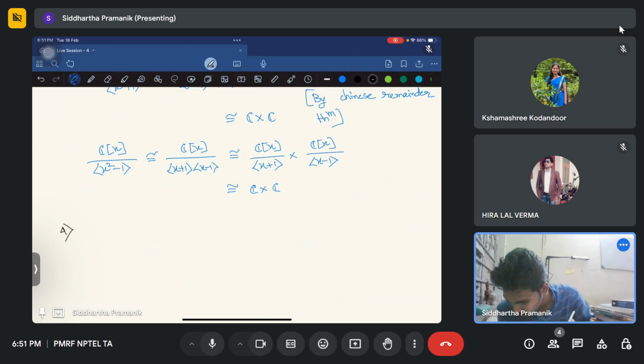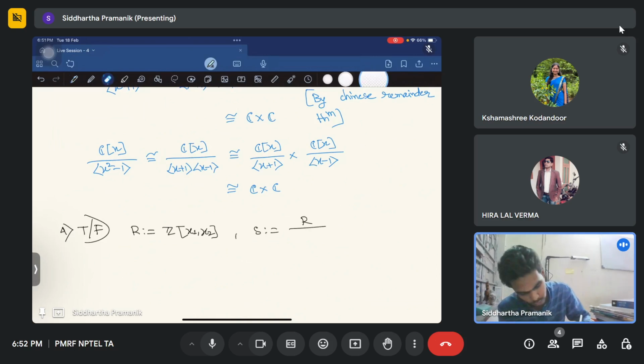Let R and S be rings, ring homomorphism. Choose the correct statement. Z[x,y] be the polynomial ring, the quotient ring. Okay, let me write down it here. So it is also true and false type. So R is your Z[x1, x2] and S is your quotient ring R. Okay, let me write out clearly.